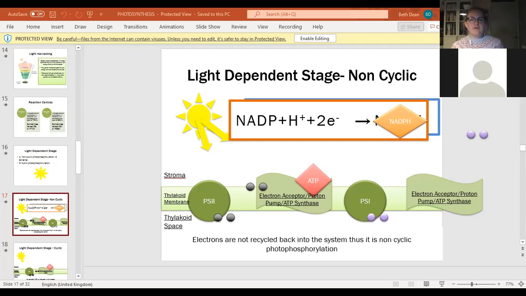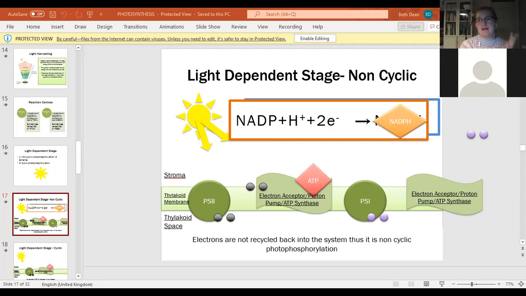So products of the light independent reaction that pass back into the light dependent reaction, as we said earlier, are NADP, ADP, and those inorganic phosphates.